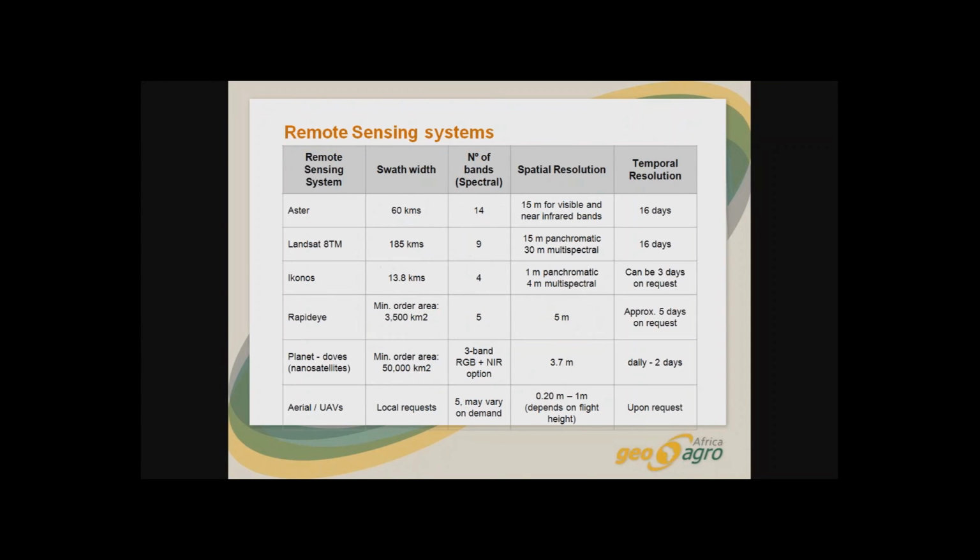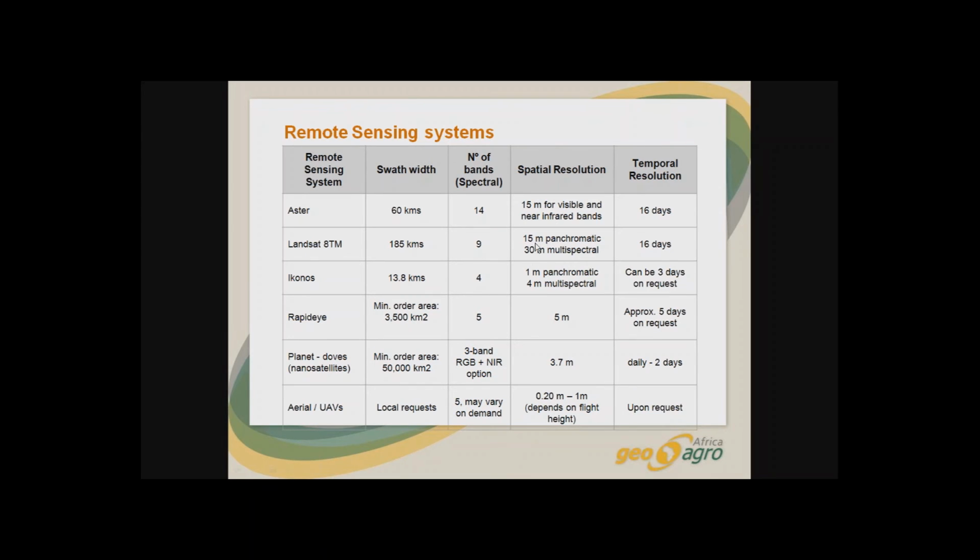These are some of the satellites, because there are several, just to give you an idea. So we see here the one that we use most is Landsat 8, which has 30-meter multispectral. So when we say multispectral, they are measuring those wavelengths in different bands, and 15-meter panchromatic, which refers to black and white.